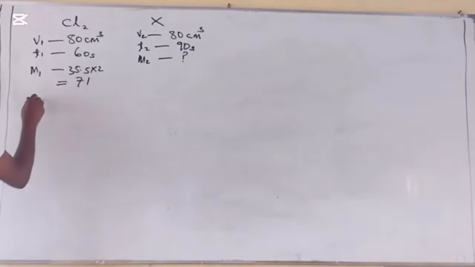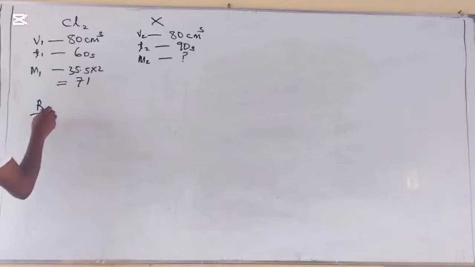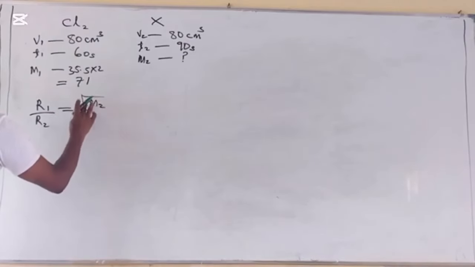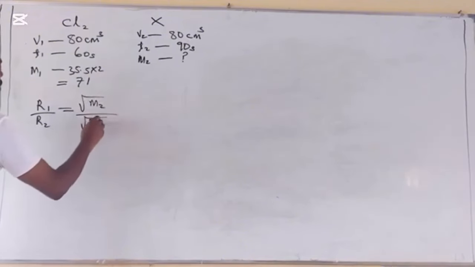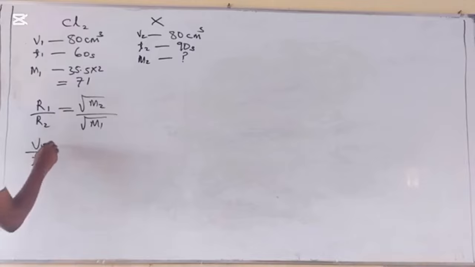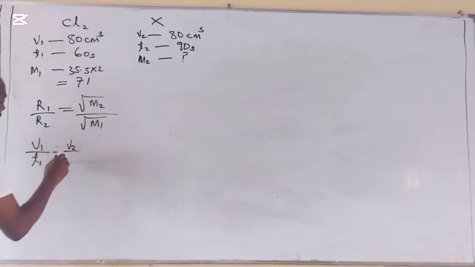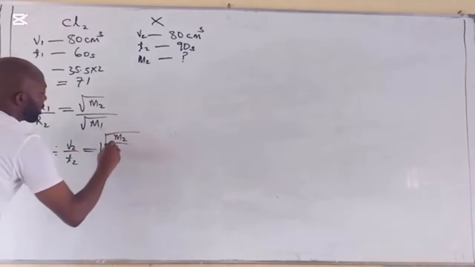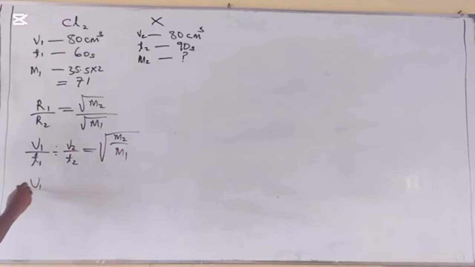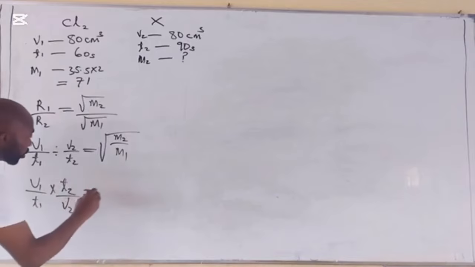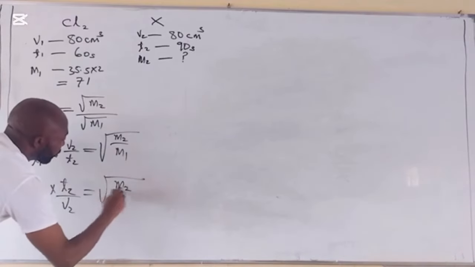Alright, let's start. We have R1 over R2 is equal to the root of M2 over the root of M1. R1 is V1 over T1 divided by R2, which is V2 over T2, which is equal to the root of M2 over M1. So V1 over T1 times T2 over V2 is equal to the root of M2 over M1.